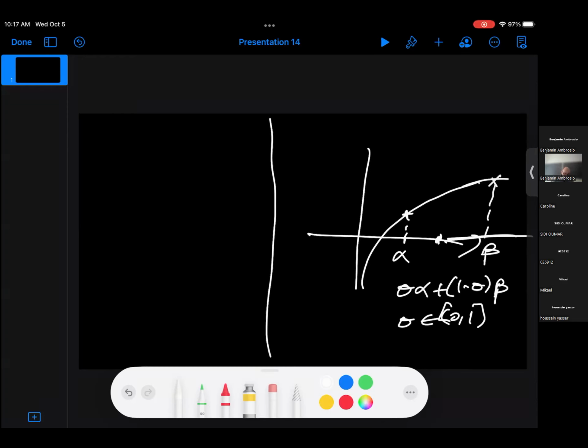So since it's concave, the function is above the line here.